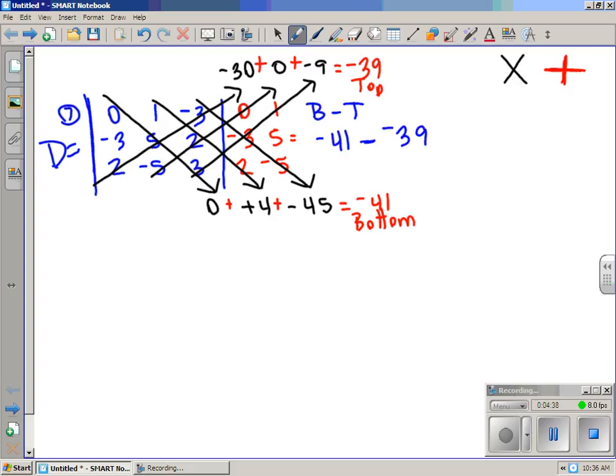So make sure you have the minus from the formula and the negative from your negative number. Of course, -41 minus -39 is actually -41 plus 39, so our answer is -2. So our determinant would be negative 2.